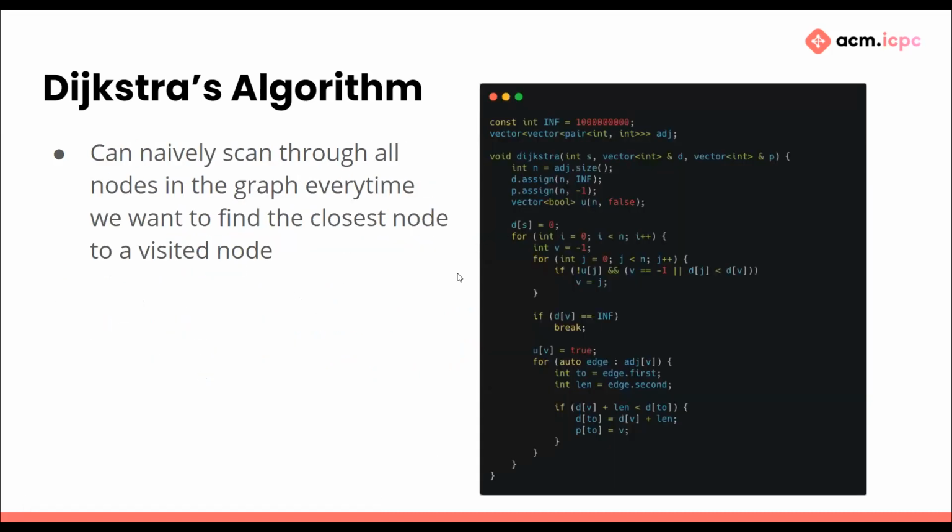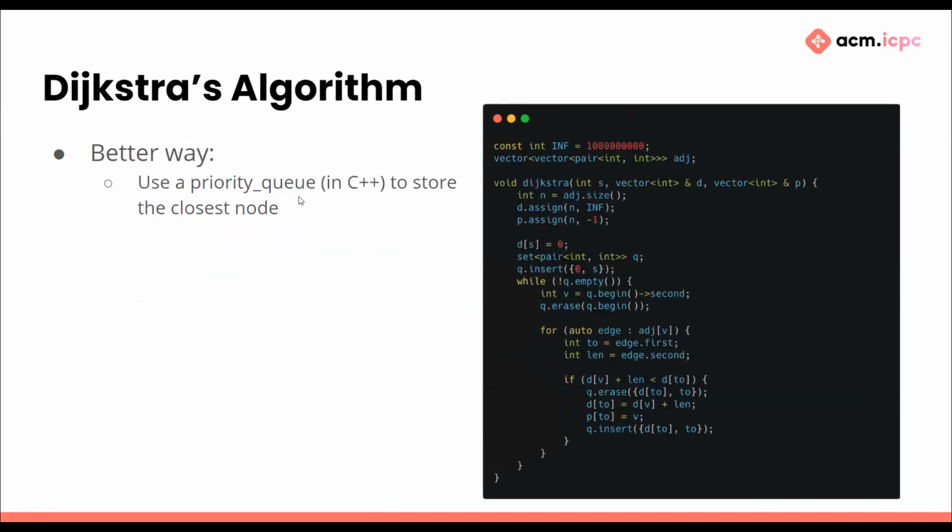Yeah, so about the Dijkstra for the set implementation or the priority queue implementation. Here, set erase does have a time complexity, but I'm not sure if I remember correctly, removing the beginning should be O of 1.